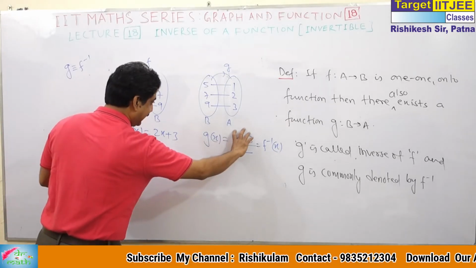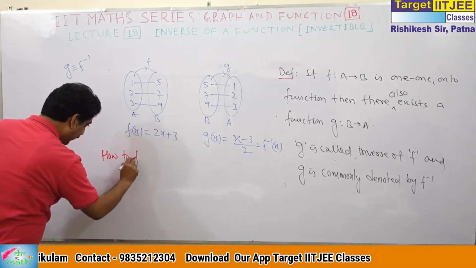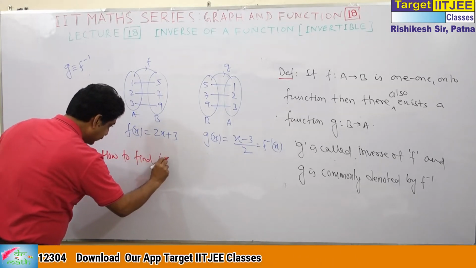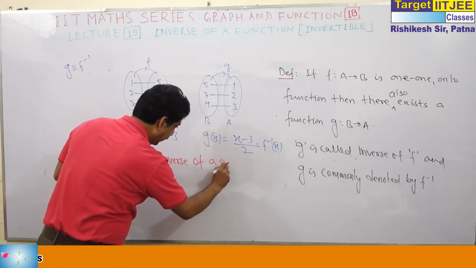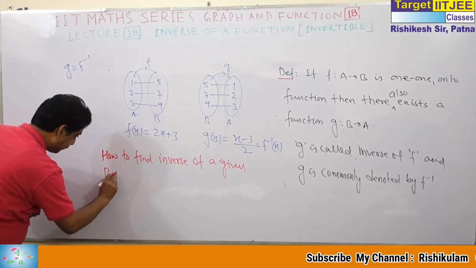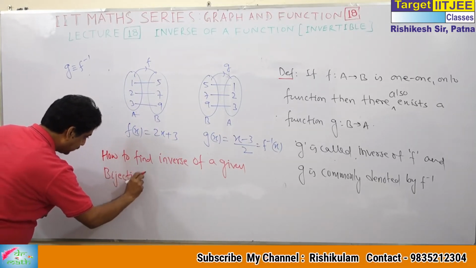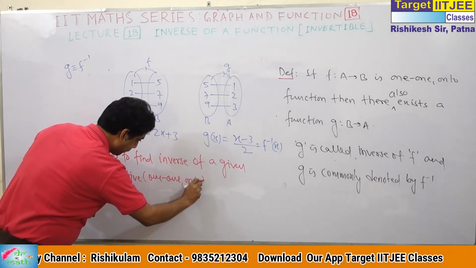Now, how to find the inverse of a given function? I just did it by guess, but now how to find the inverse of a given bijective function? Bijective means a one-one onto function.